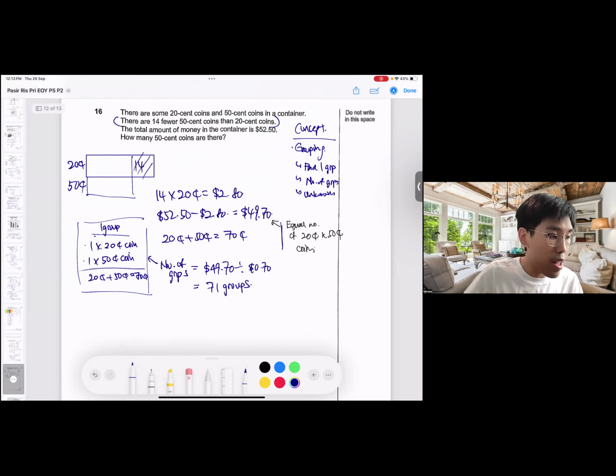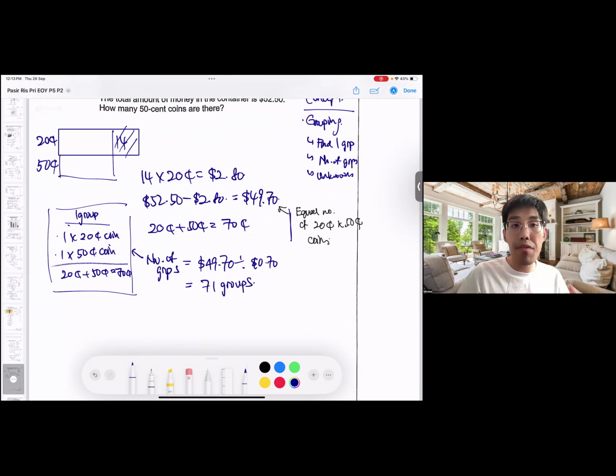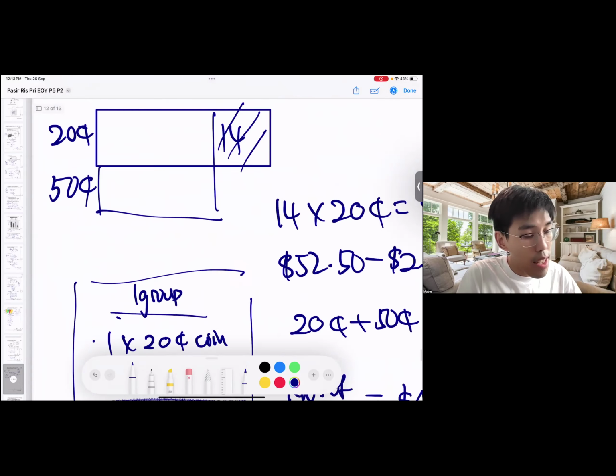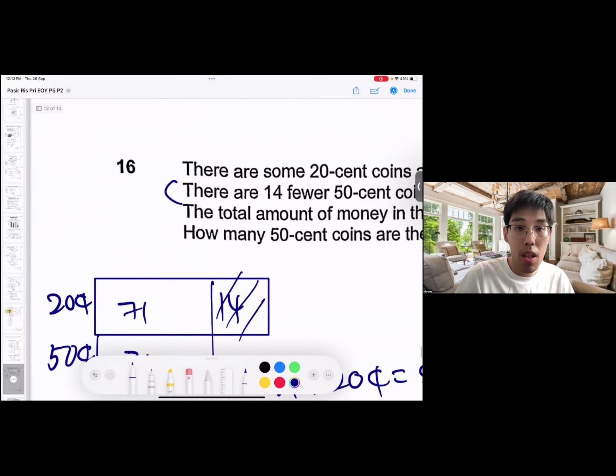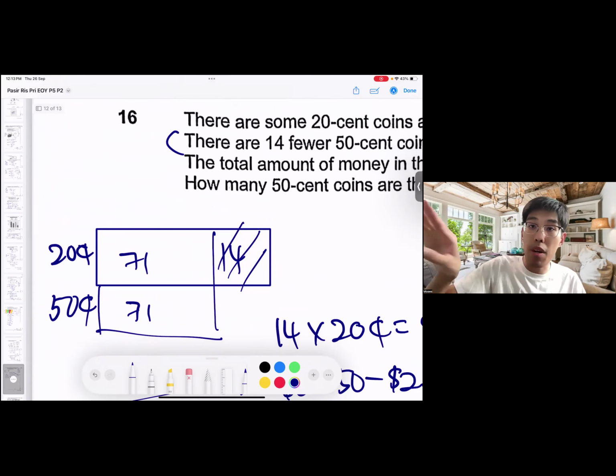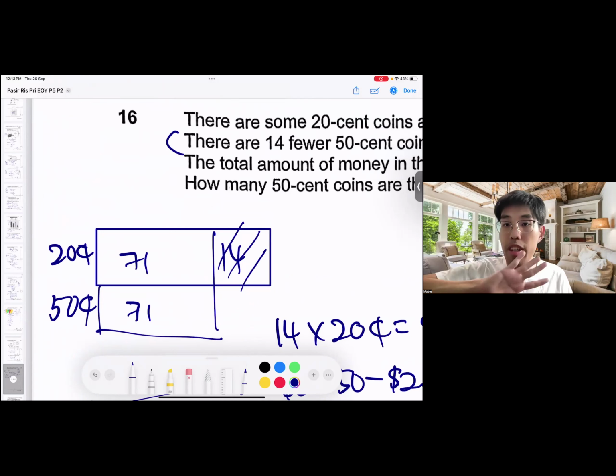Okay, so from here, let's continue. How many 50-cent coins are there? Since we are already at 71 groups, the number of coins here is 71 and the number of coins here is 71. Because I have removed the 14 20-cent coins, we've already removed them away.